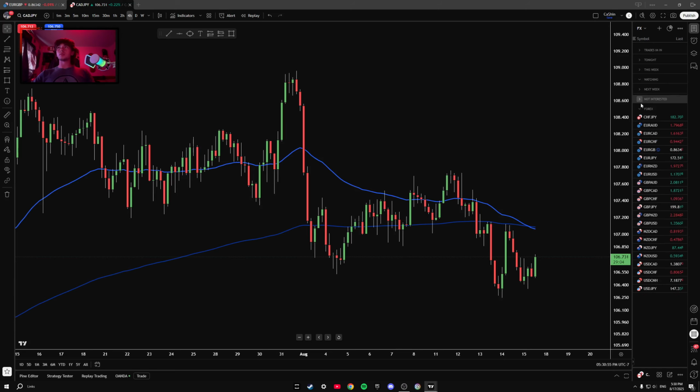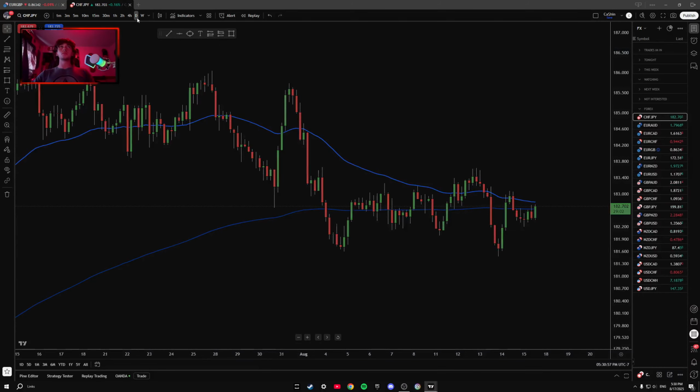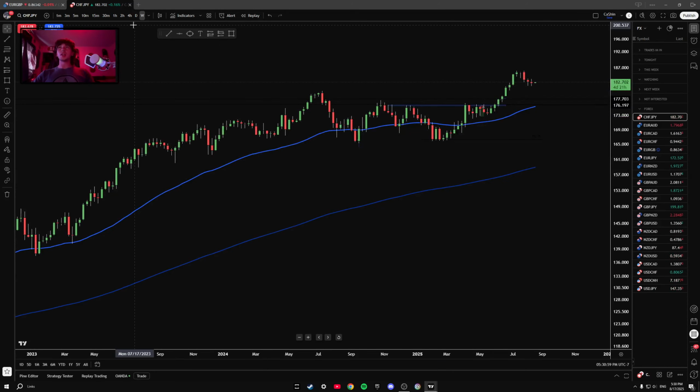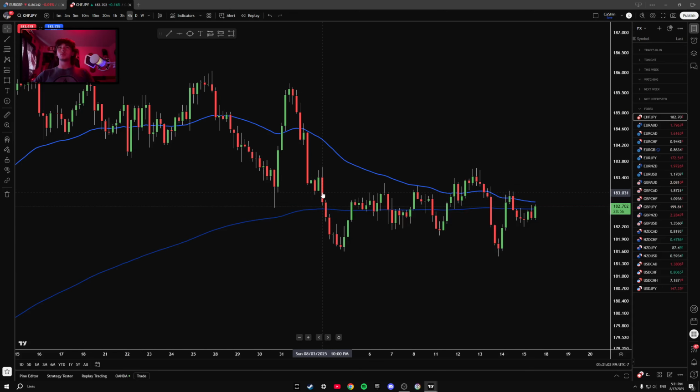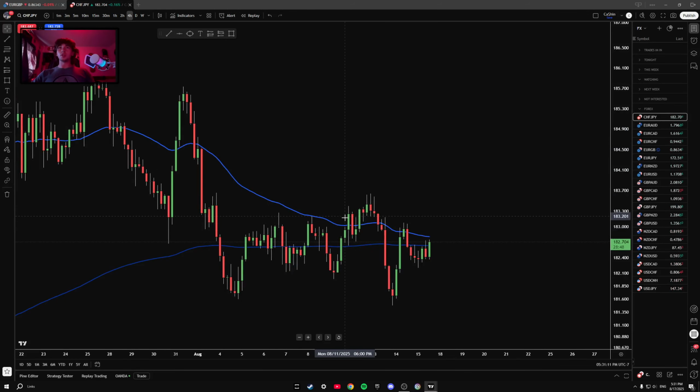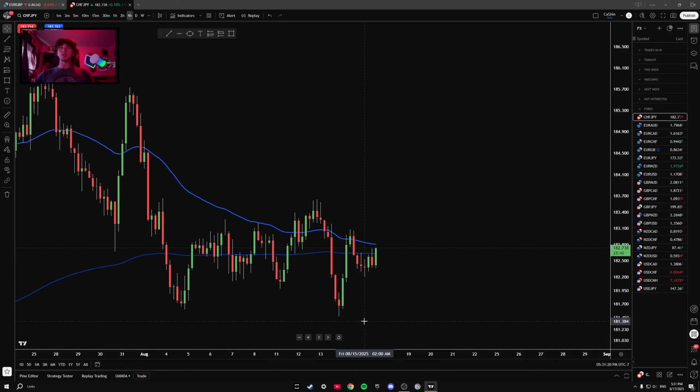Not interested. CHF JPY. Kind of a 4-hour area of interest right here, but kind of already retested it. Not interested in this one either.